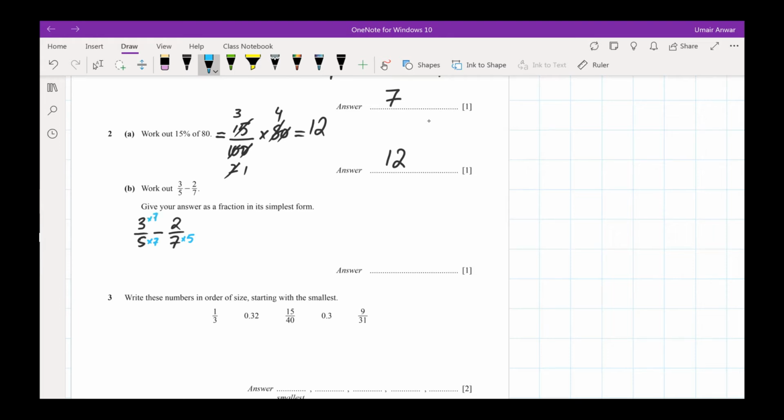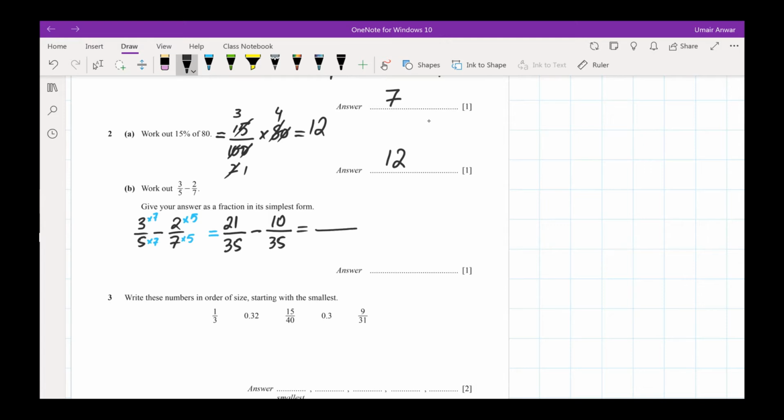Similarly, the numerator of the 5 will also get multiplied with 7, and the numerator of 7 will get multiplied with 5. So now we have a new set of fractions, where 3 sevens is 21 and the denominator is 35. Then minus, we have 2 fives are 10 and 7 fives are 35.